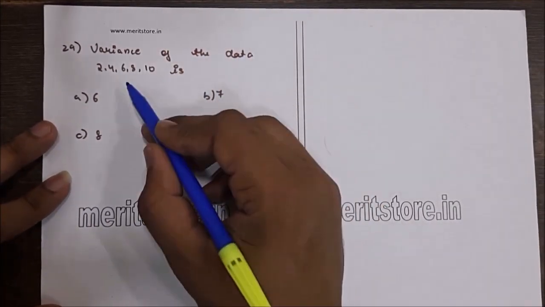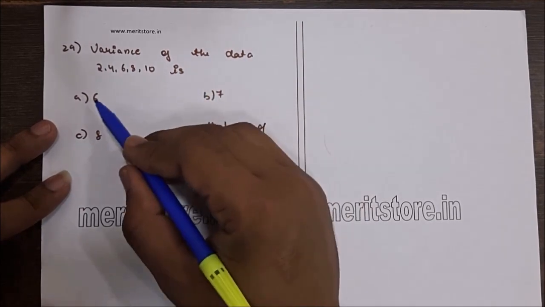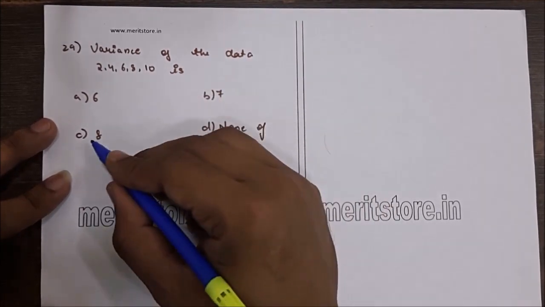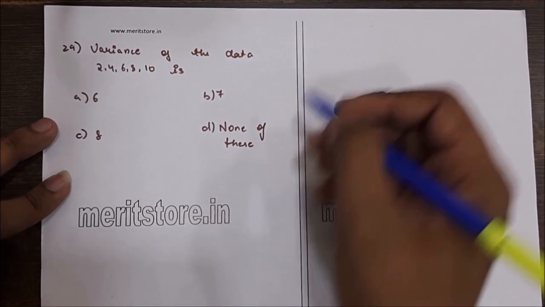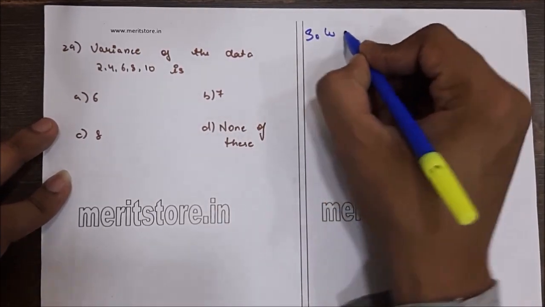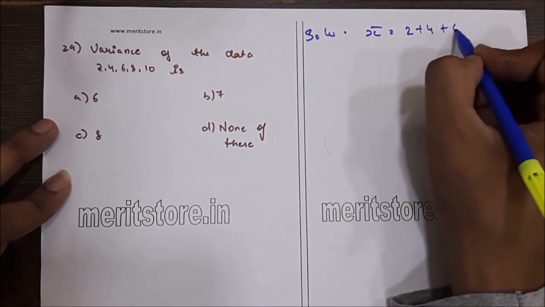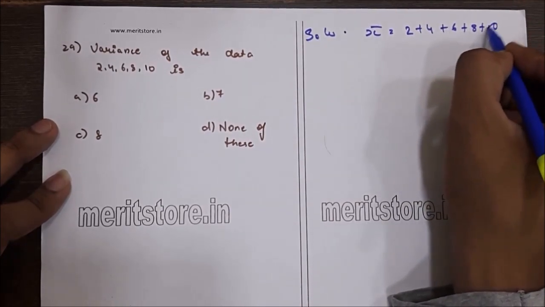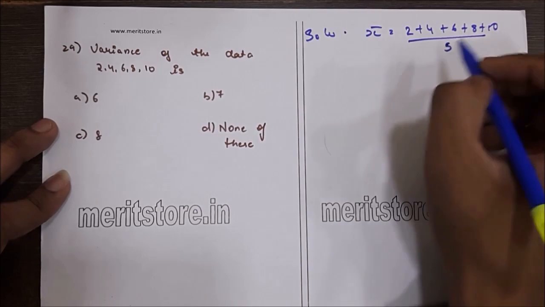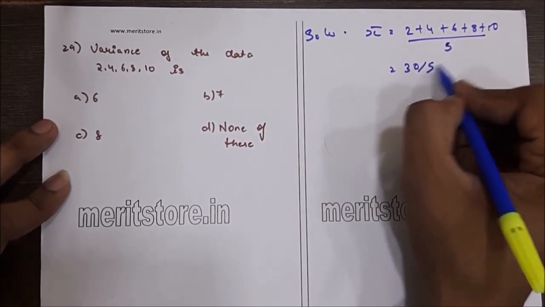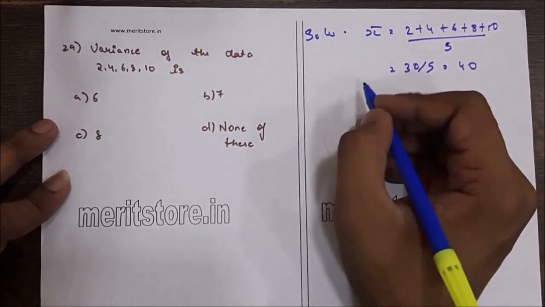Variance of the data 2, 4, 6, 8, 10 is option A 6, option B 7, option C 8, option D none of these. Therefore the solution is x bar equal to 2 plus 4 plus 6 plus 8 plus 10 divided by 5 is equal to 30 divided by 5 is equal to 6.